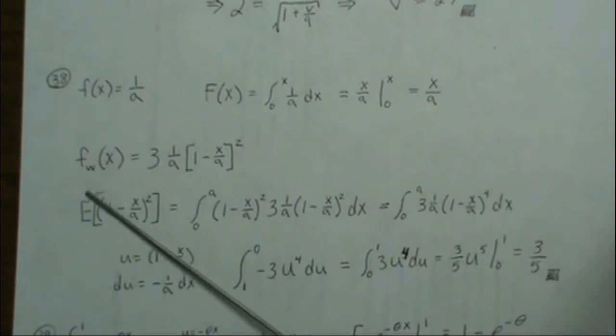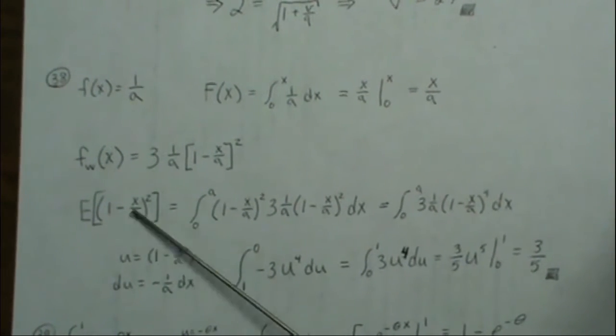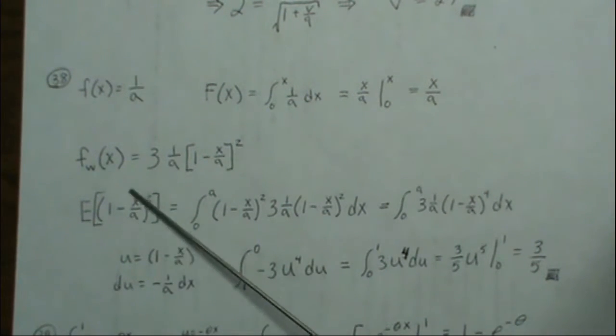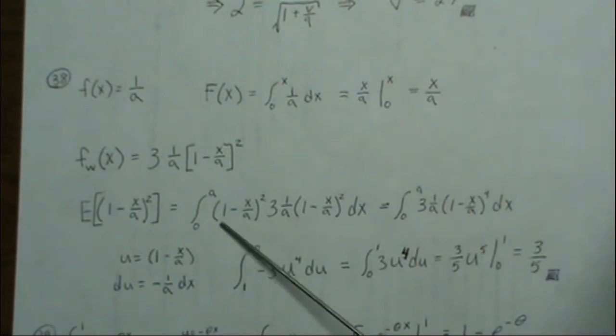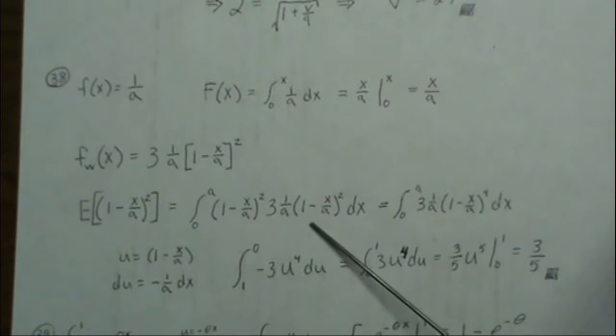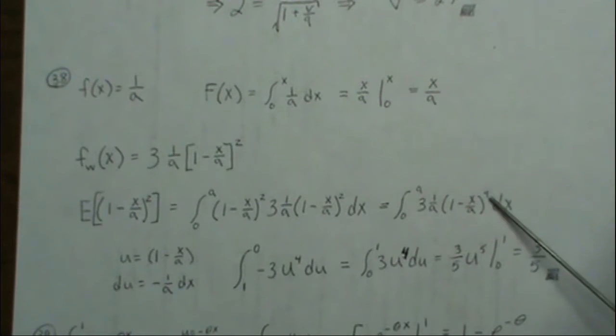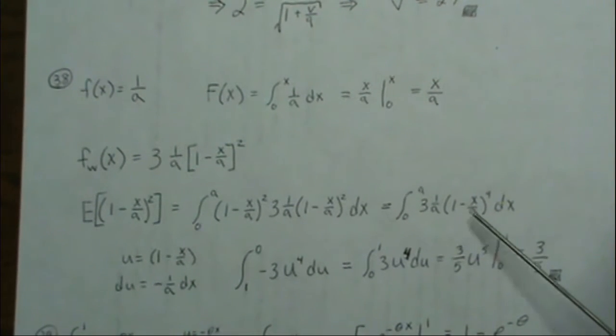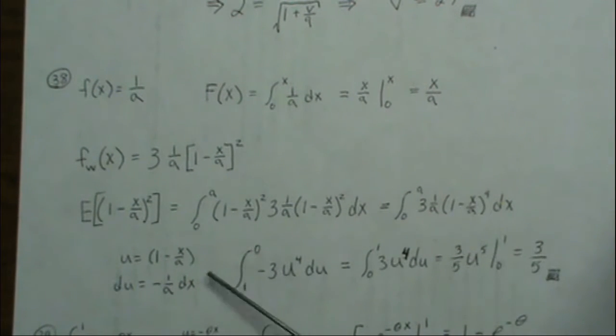So now we want to find the expected value of this quantity. Now I'm using x instead of w, but we're integrating over the density of w. So that means plug in this value, which is here, times the density, which is there. Well, that and this piece are the same, so they combine to the 4th power. We do a u substitution. We let u equal this center piece, and du is equal to minus 1 over a dx.